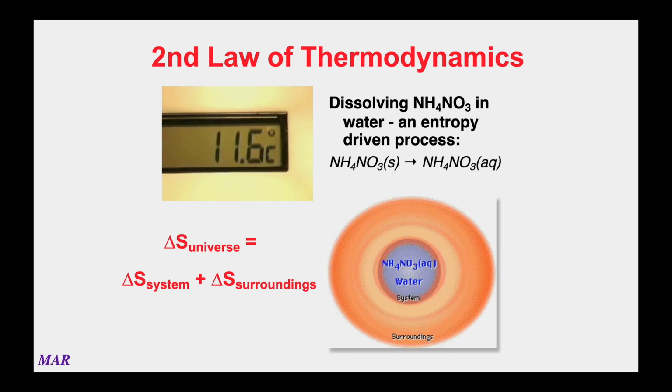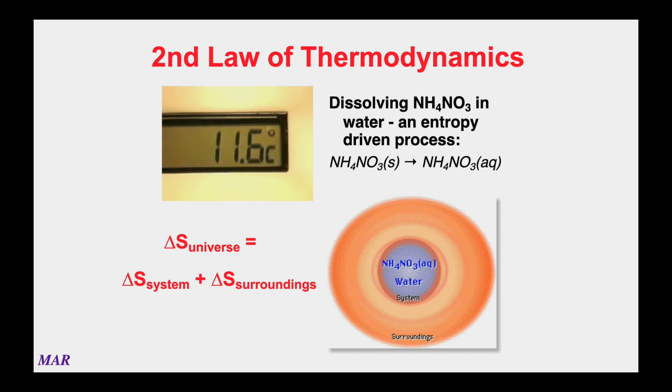as demanded by the second law of thermodynamics. We're going to go back to the example of ammonium nitrate dissolving in water. Woohoo! Not very exciting, but remember, it is kind of exciting scientifically because it's an endothermic process. The temperature is going down. On the other hand, it is spontaneous, all right? The reaction is occurring. So, using the second law of thermodynamics, delta S of the universe equals delta S system plus delta S surroundings. Well, overall, delta S of the universe must be greater than 0, okay? So the question is then, what's happening here?